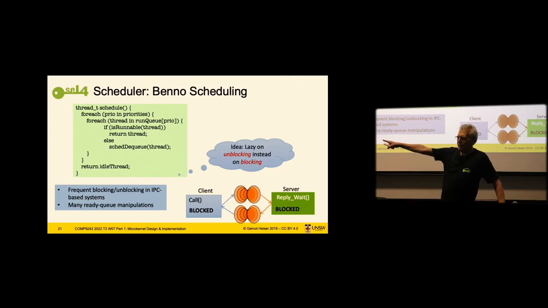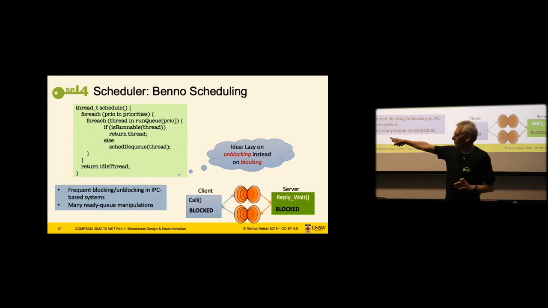So remember, it starts off with the client being runnable, assume it's in the ready queue, right? And then we block the client. We just don't manipulate the ready queue. And then the server comes back to the client, and then it's back in the ready queue.